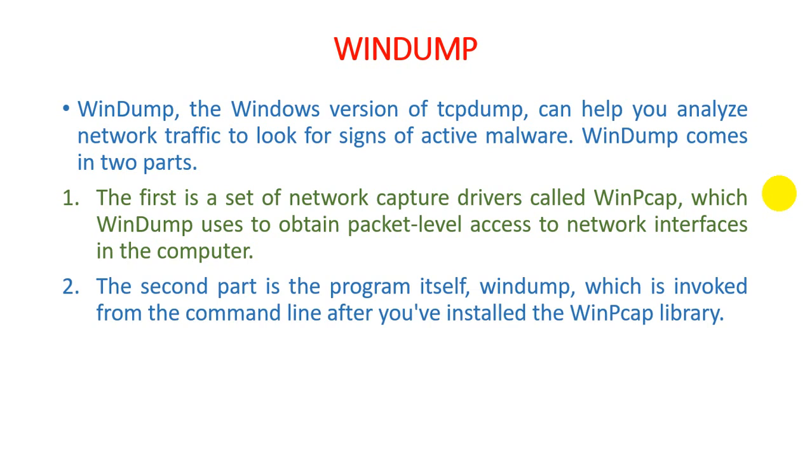Because if you have the WinPcap library, then you can perform the different options we saw in our previous slides. So you must have WinDump installed after you install WinPcap. With the WinPcap library, you can capture all the packets at the network interface level within your computer system.